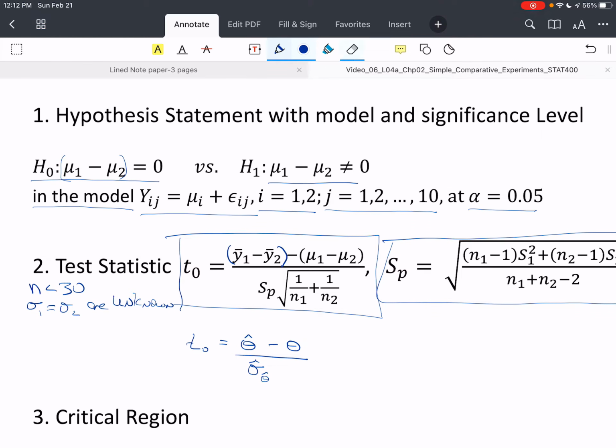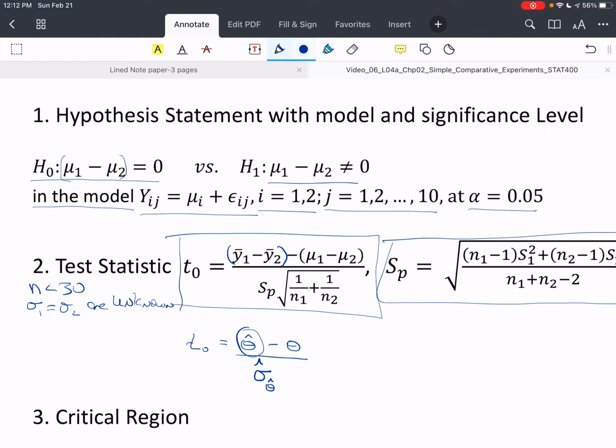So this is sigma hat of theta hat. Okay, so the standard deviation of the estimate. All right, it's also called the standard error.